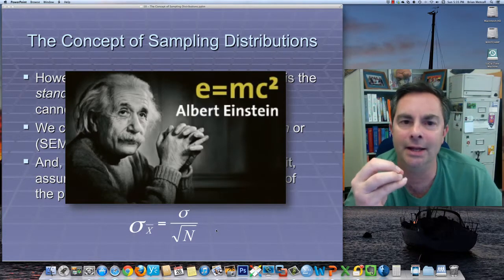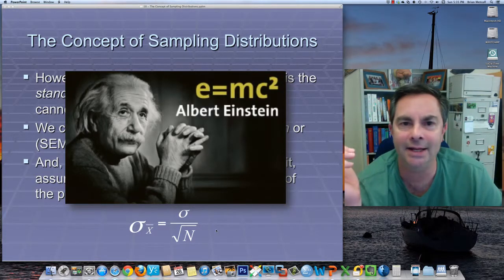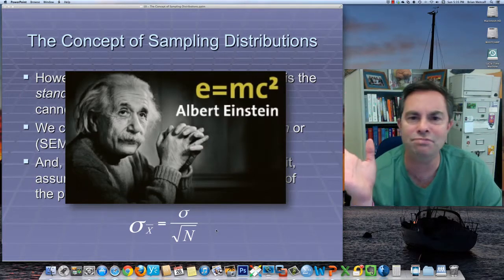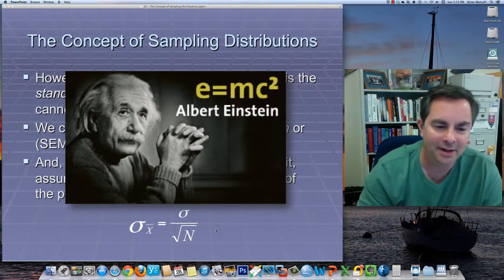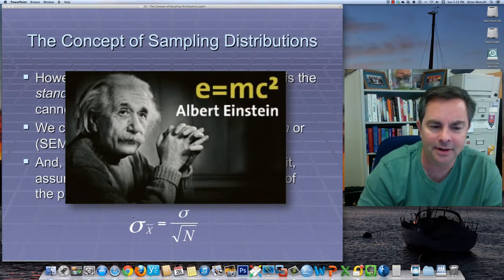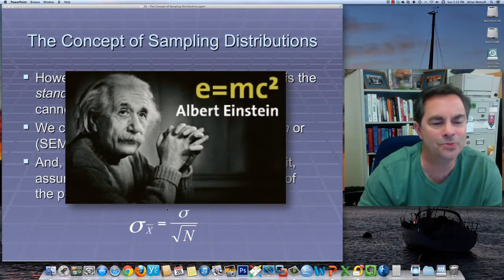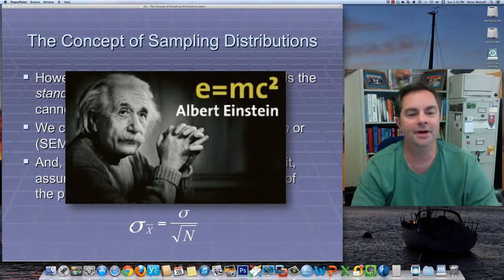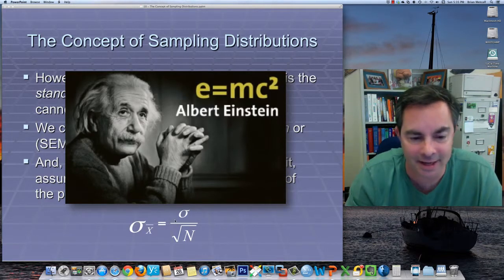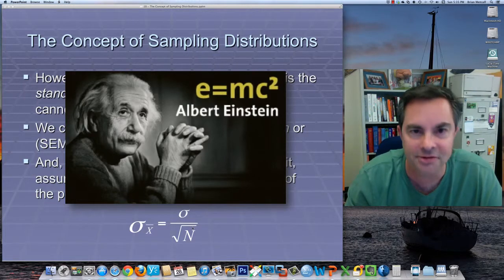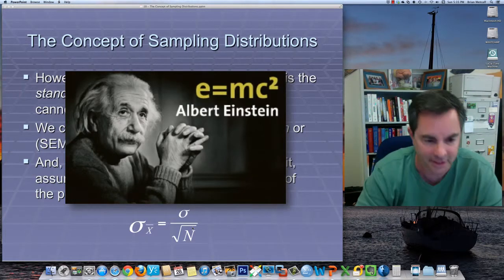We need it. But we'd never be able to get it. It would be too impossible to ever calculate, okay? But this allows us to estimate it with a great deal of precision. And so we get it. We get it without having to get it. And that is brilliant. That allows us to do research, as we're going to go on and see.